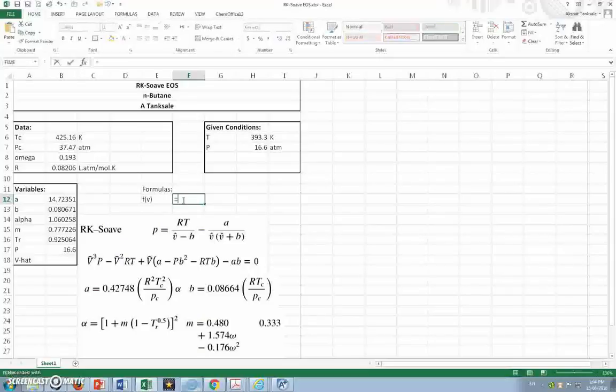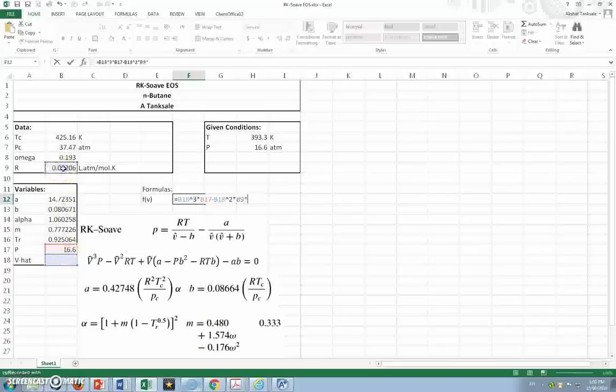So now we have set up all the variables. We can start writing the Redlich-Kwong-Soave equation. We cannot use the equation in the form given here. We need to convert it into a one-line equation that must be equal to 0 on the other end so that we can use the goal-seek function properly.